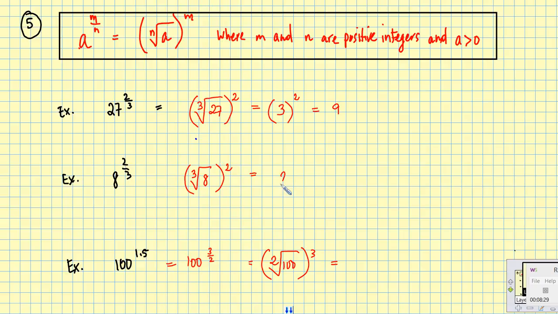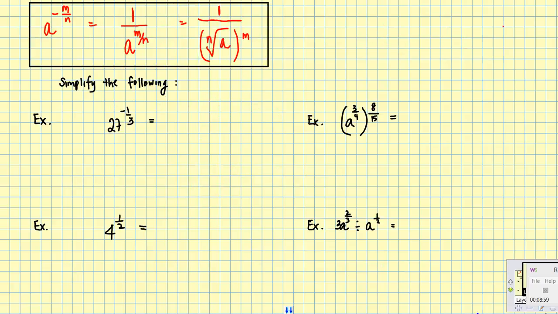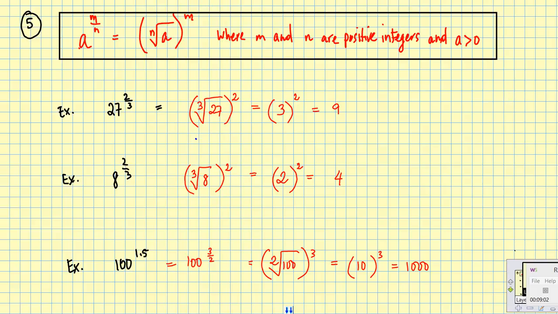That happens to be 2, since 2 cubed gives me 8. And now because that 2 is squared, it goes to 4. The same thing occurs down here. What number multiplied by itself gives me 100? That would be 10. But then when I take that value of 10 and raise it to the power of 3, it goes to 1,000.